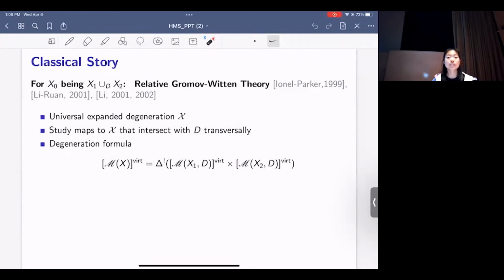And we study the relative maps to that target that intersect the smooth divisor transversally. From there, we construct the relative theory of (X1, D) and (X2, D). And there exists a degeneration formula that helps us reconstruct the invariants on the central fiber from each component.